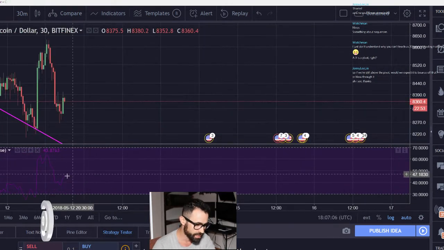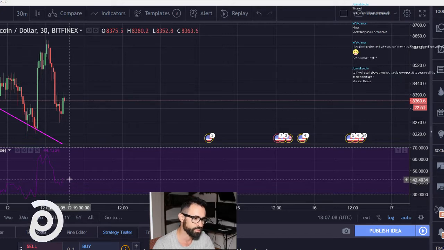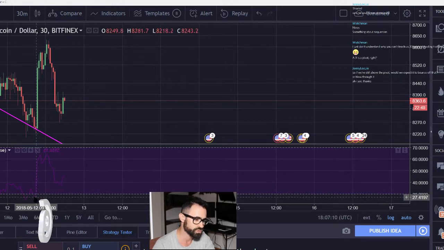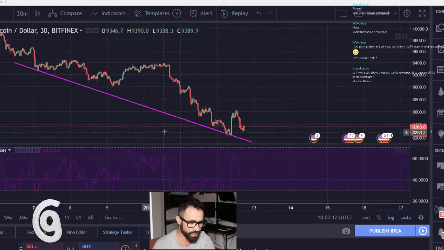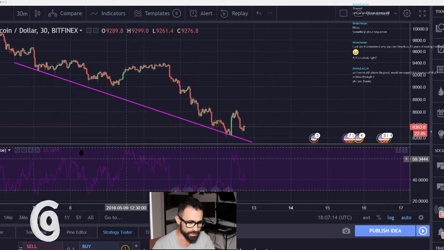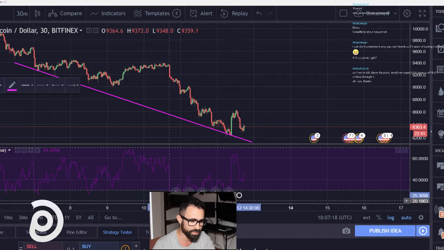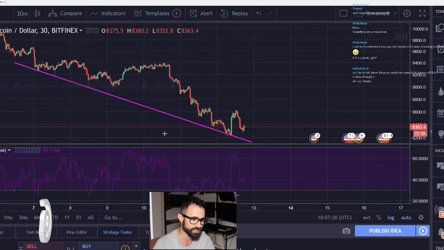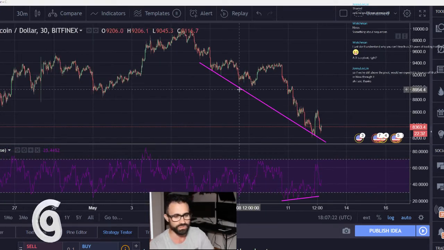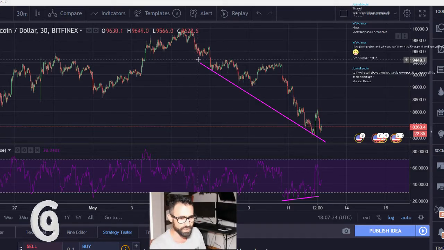And RSI didn't even pull back into that oversold range. We did have a divergence here. It's still kind of choppy. I want the market to tell me where it's going to turn instead of me trying to predict.